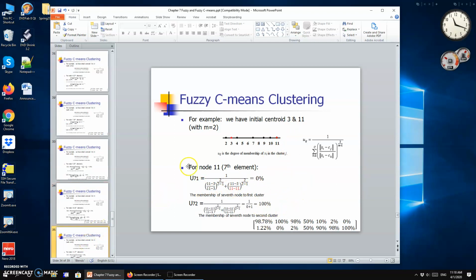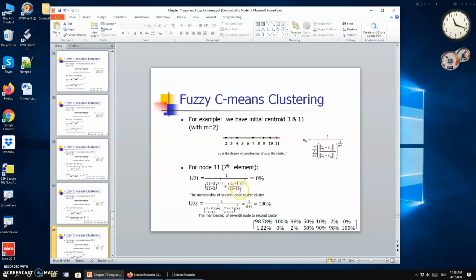Finally, when we come to the last node, these are the details I want to tell you about. For node 11, in order to calculate the distance, you will see 11 minus 3 over here, and 11 minus 3. So this value will give you 1 plus 11 minus 11.